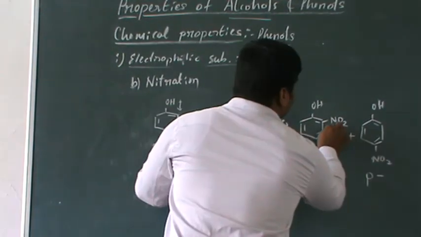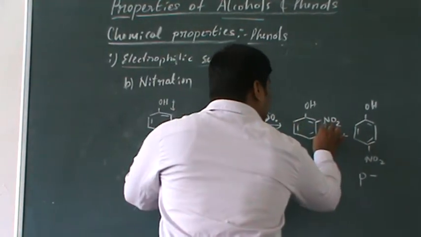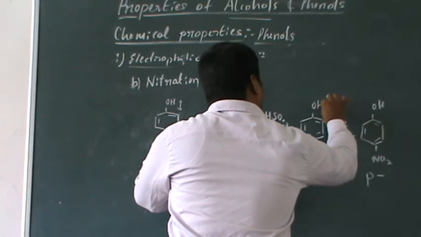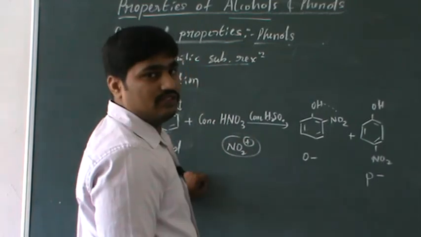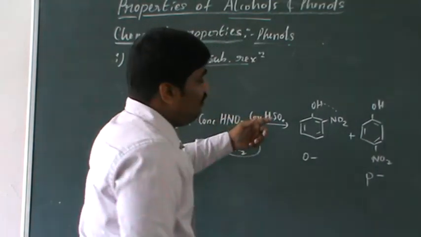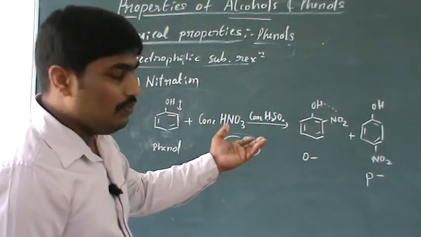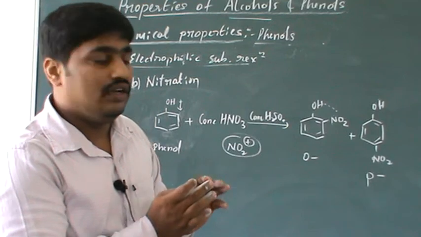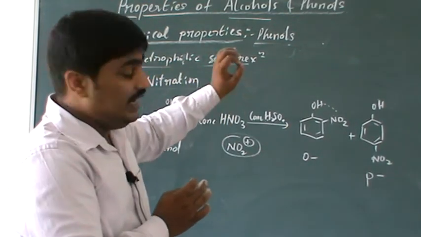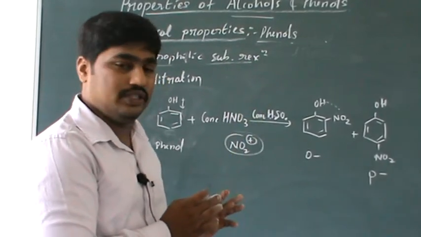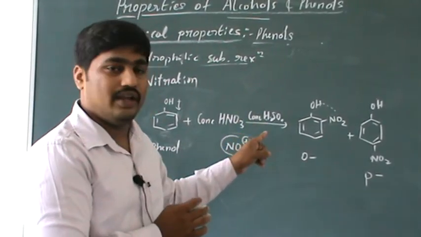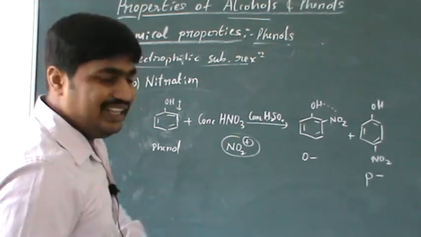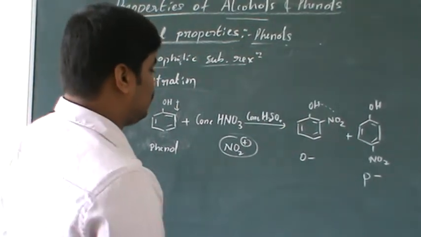Here, the nitro group is on the ortho position and creates a hydrogen bond. What type of hydrogen bond? A hydrogen bond formed in the same molecule, intramolecular hydrogen bonding is observed. Because of that, it is more stable and more ortho is generated, nearly 50% ortho and 50% para.